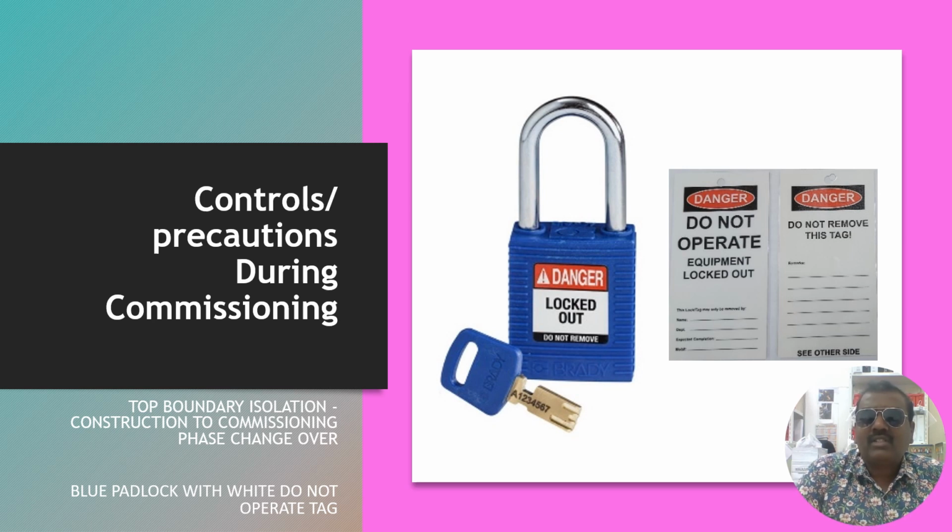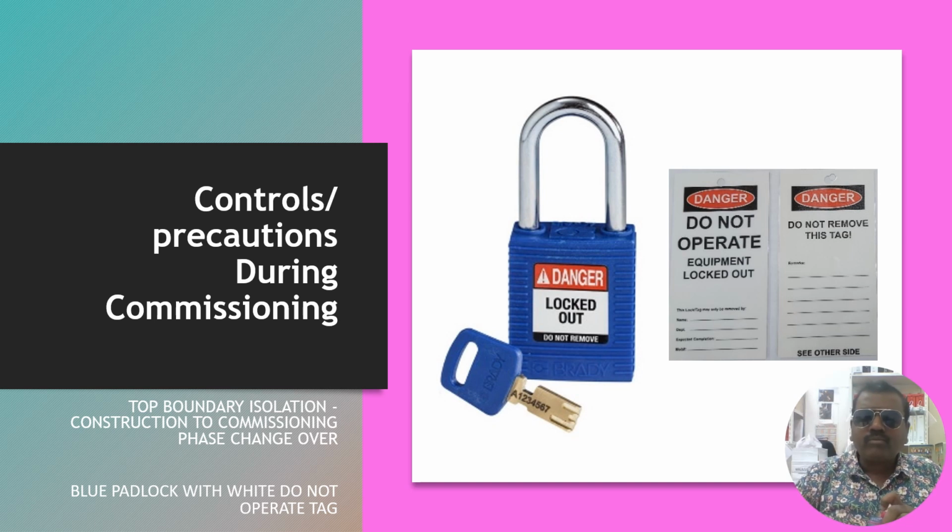As I said first, once the NCC is completed, we are providing the boundary isolation. What is called boundary isolation? Boundary isolation means the boundary between the commissioning and construction. As I said lastly, the upstream is energized, but the downstream is not energized because the construction activity is going on.